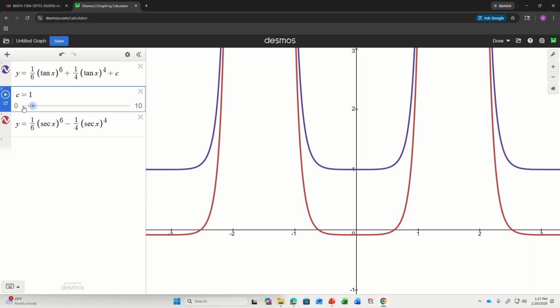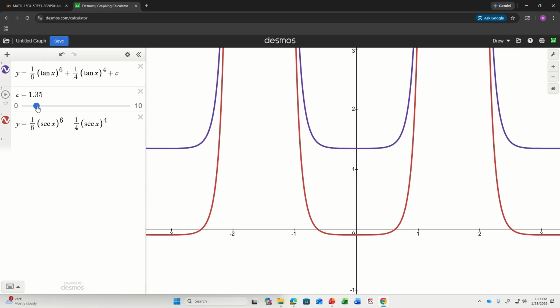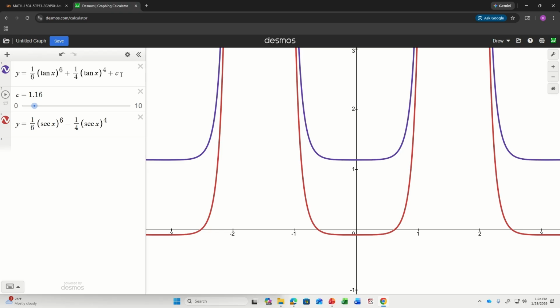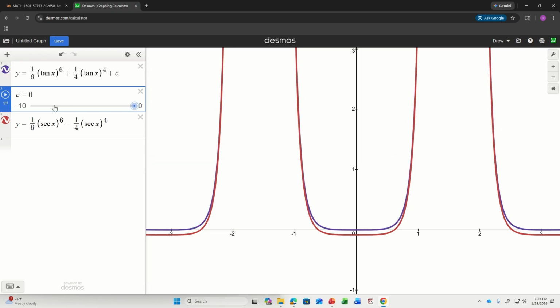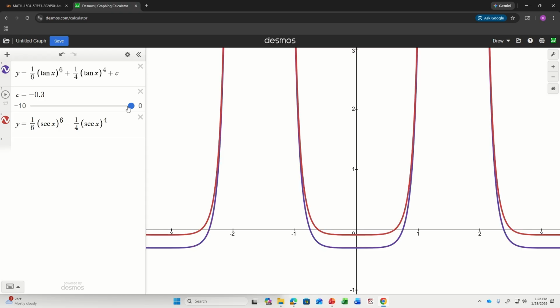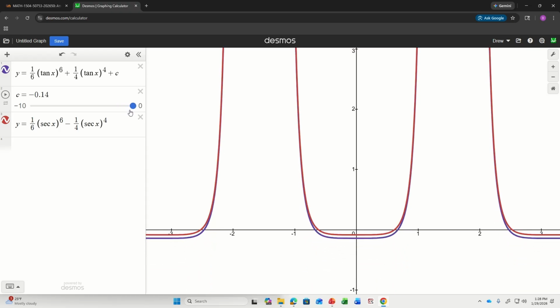To get these curves to match up exactly, all I have to do is tweak the constant I'm adding to the end here, so that I get this curve on top of that curve, and bam.